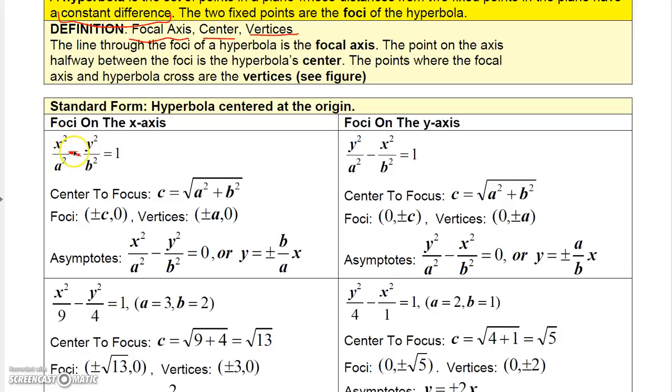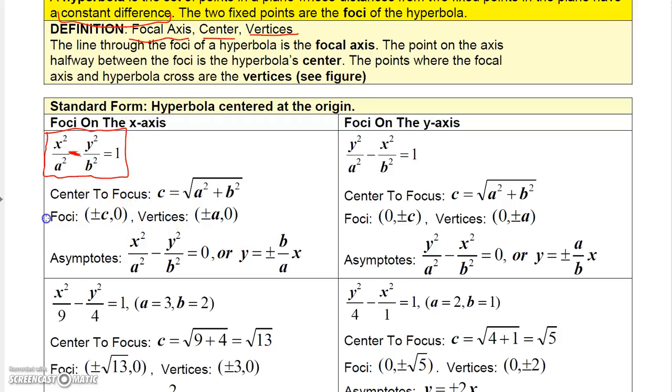So instead of a sum, we have a difference. So if you have x squared over a squared minus y squared over b squared equals 1, then to find the center to the focus, it would be c equals the square root of a squared plus b squared. So it's going to be the same in both cases, whether the foci are on the x-axis or the y-axis, the center to the focus is going to be c.